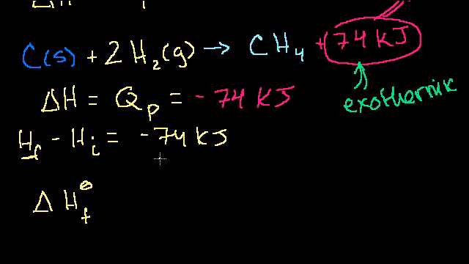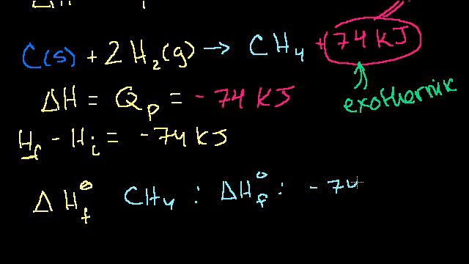So for example, if we have methane there, and we want to figure out its heat of formation, we say, look, if we form methane from its elemental forms, what is the delta H of that reaction? Well, we just learned what the delta H of that reaction was.